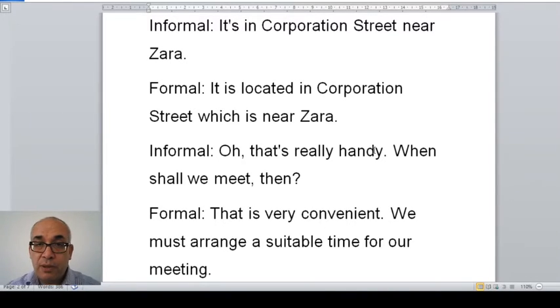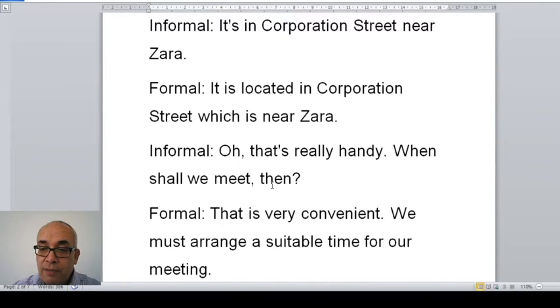Why is it informal? Number one, this is a contraction, and we don't use this in formal English, so that is informal. Really handy is like an idiom. We don't use it in formal English, so I have to say that is very convenient. So convenient is a formal word, and this is formal.